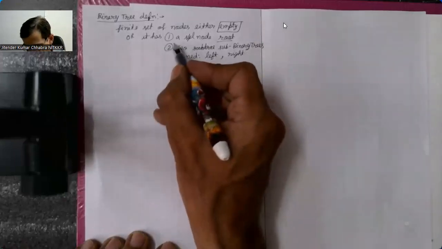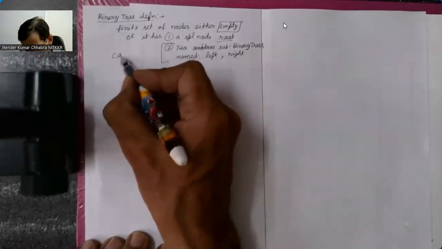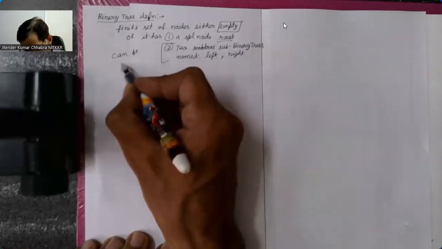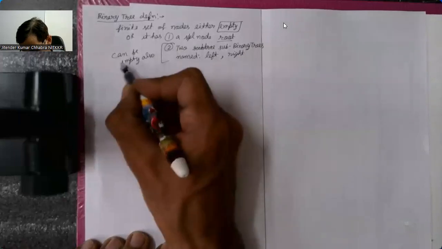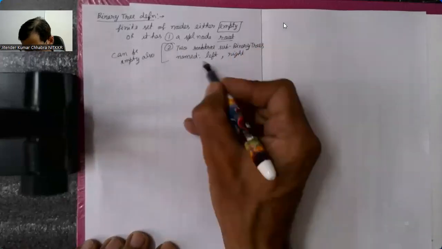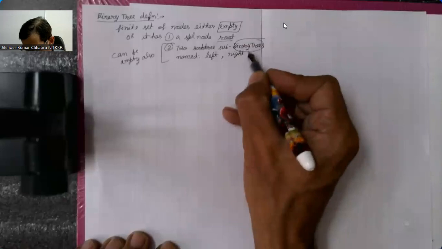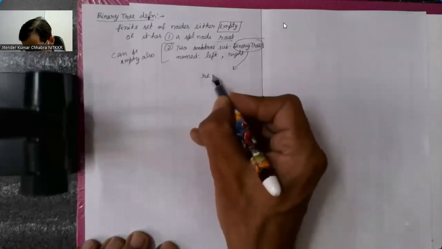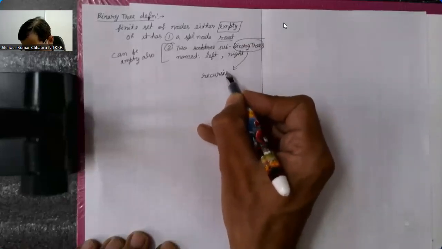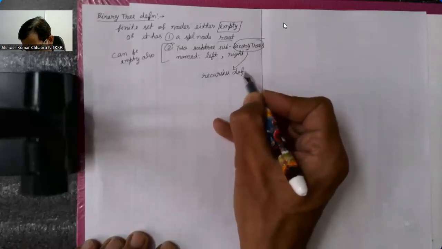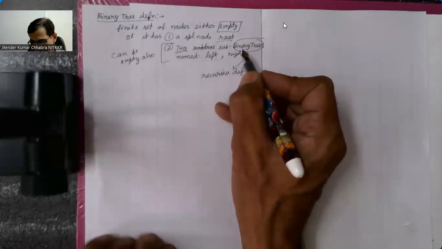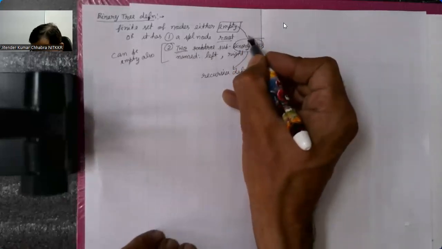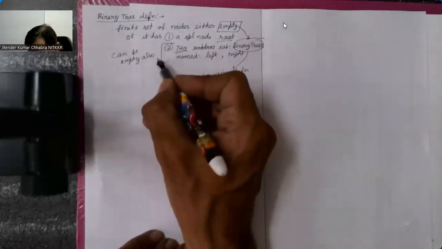Now, indirectly, this means each can be empty also, because you can easily see that this is a recursive definition. With the definition, we are using the same word. Recursive definition says that although I am saying two subtrees, two sub-binary trees, each of them, or one of them, or both of them can be empty also.